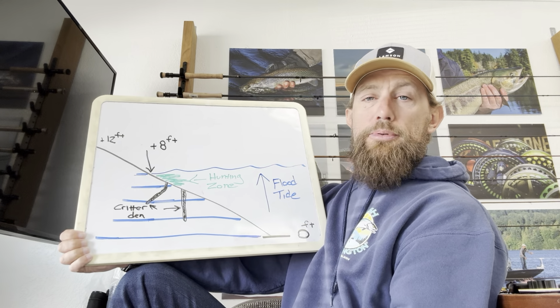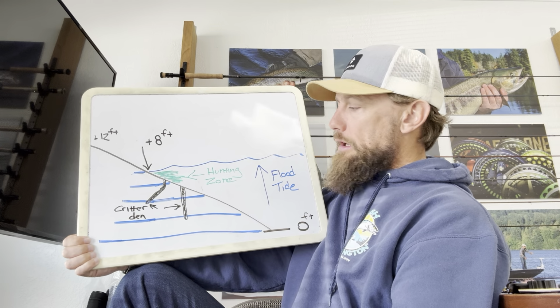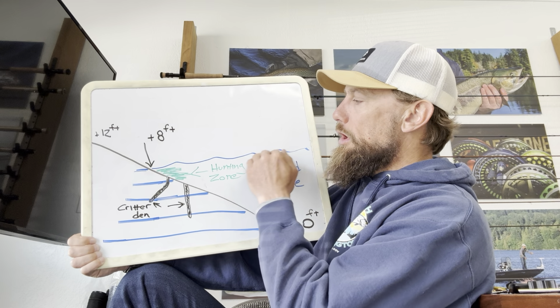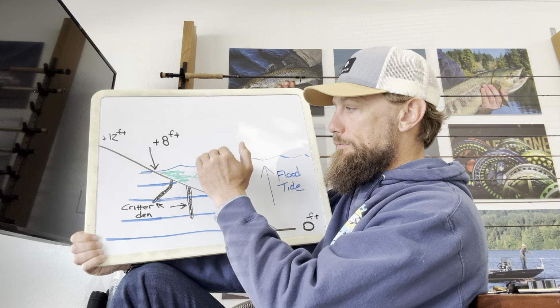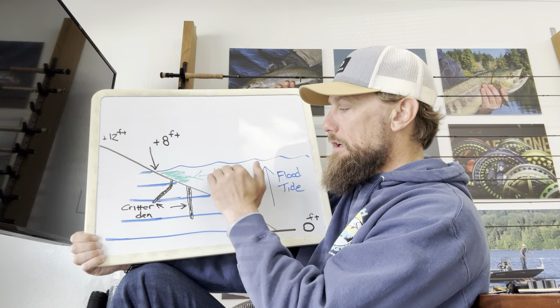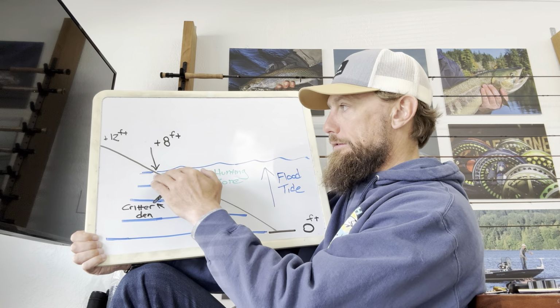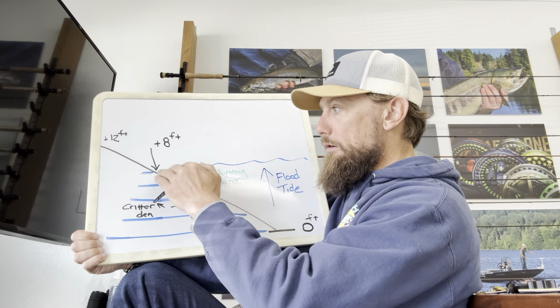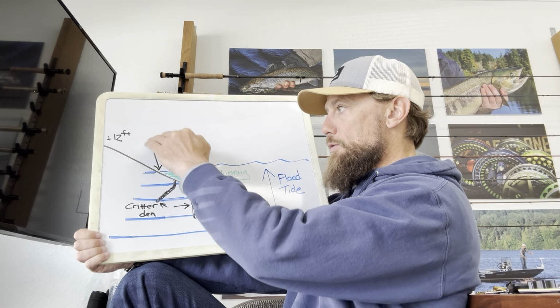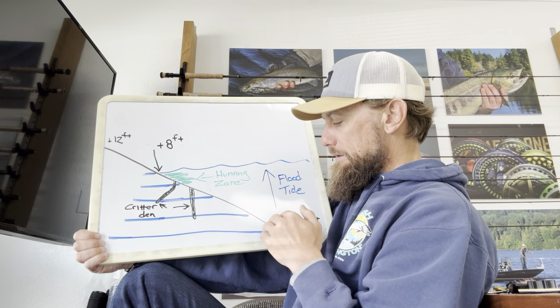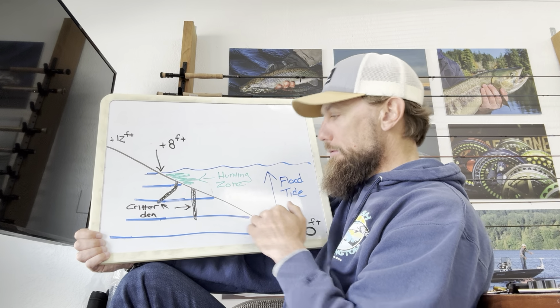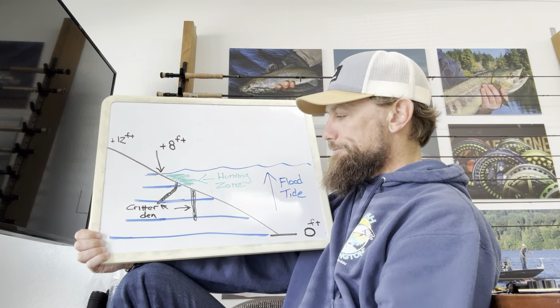Well, this impacts predatory behavior. Okay, the higher one goes on the flood tide, the less time the trout have to feed, because they know that rising from 8 to 12 and then back down to 8 doesn't take as much time as it takes to go from 0 to 8 and then back down.